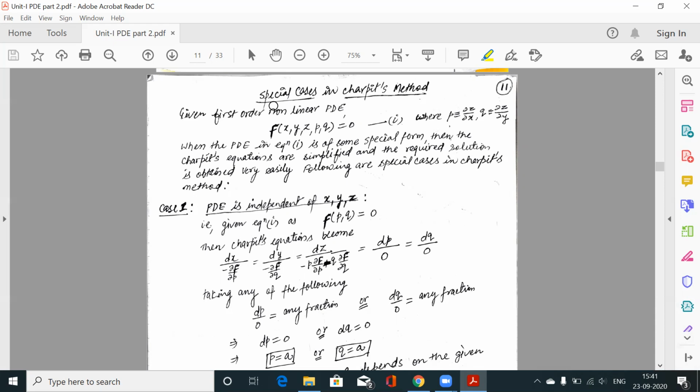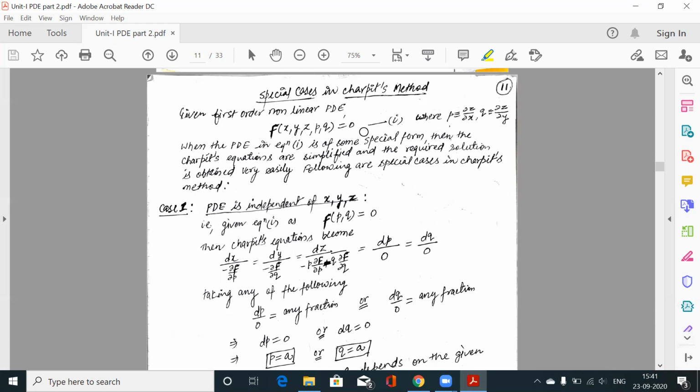Now there are some special cases in Charpit's method, and the special cases are nothing but simplifications. Whenever the nonlinear first order PDE is in a particular form, we can skip some steps in the Charpit's method.